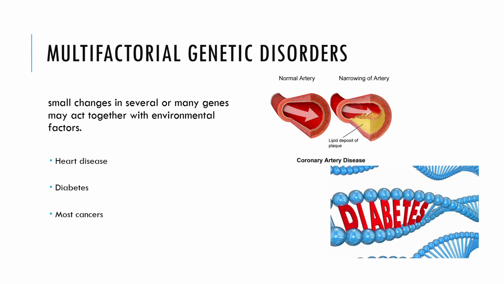Small changes in several or many genes can act together. Again, if there's atherosclerosis or cholesterol buildup in your family, yes, you may have some genetics, but remember, genetics is 2, 3, 5, 10, 11, 12, 15%, depending on what literature you read. The other percentage is what you're doing with your own life.